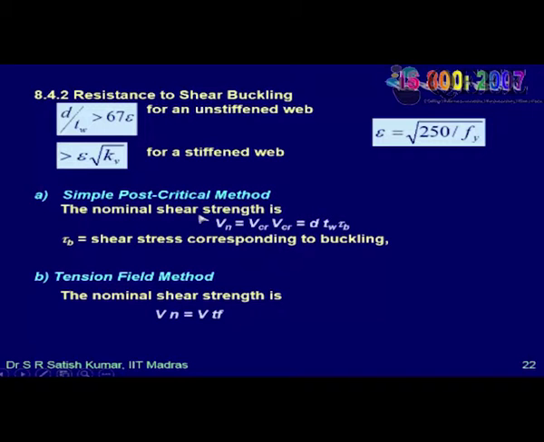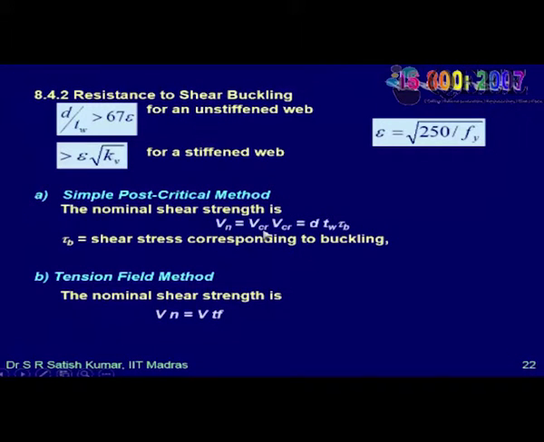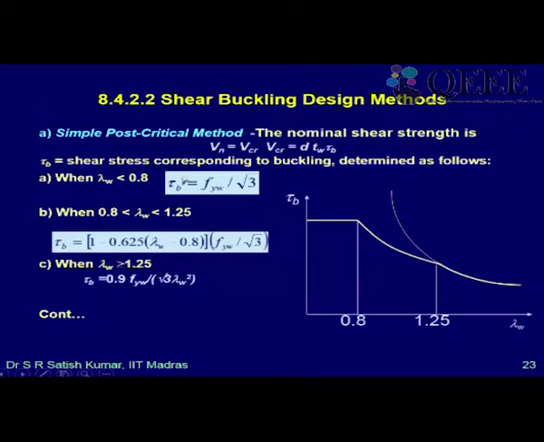So this is basically Vn, instead of being equal to Vp, it becomes equal to Vcr, and Vcr is given by the area of the web, d into tw, into tau b, where tau b is the critical buckling stress for a practical plate. So how to calculate tau b is now the next issue.